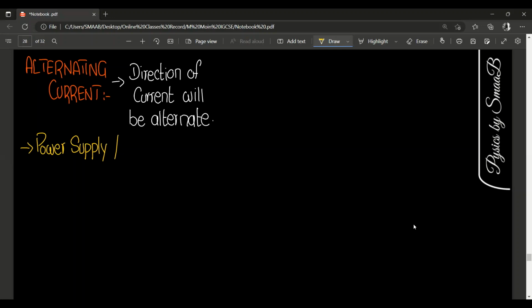In that connection, the main power supply in which we connect our devices, charger or refrigerator, LED, LCD, anything we are going to connect in our house, that current is known as AC, right? Because we use AC in our houses because we need a continuous supply of electricity, right? Let's suppose if we use DC in our house, the DC source will eventually come to zero after some time, right?